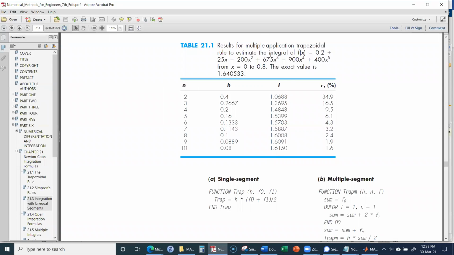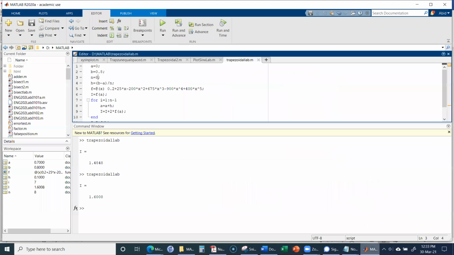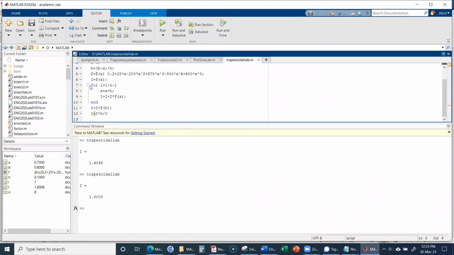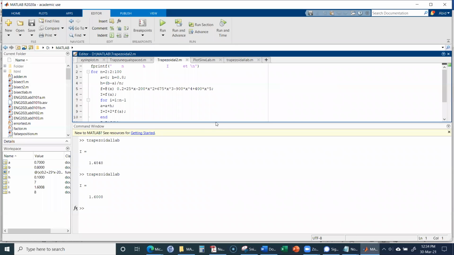So in fact, we can make some changes into this script. So this was the basic core script. I have already prepared a full script.